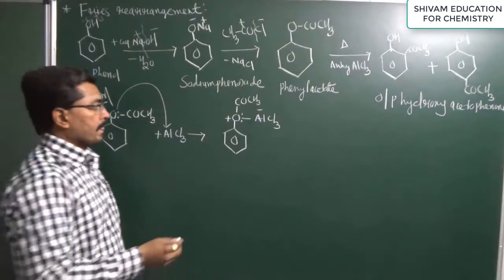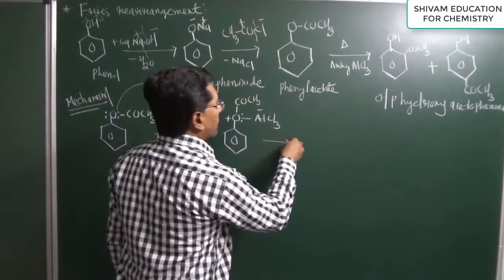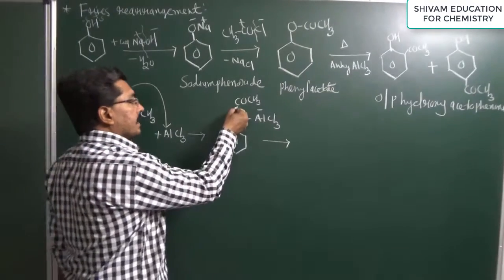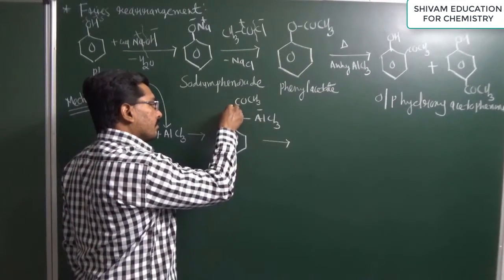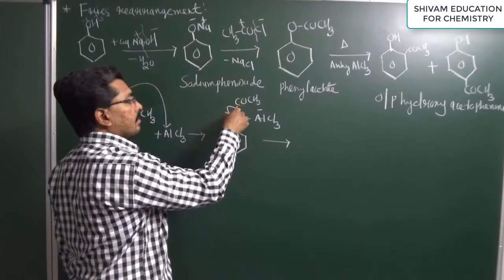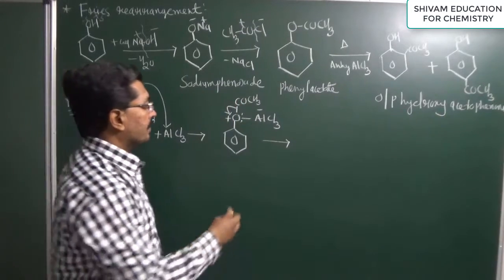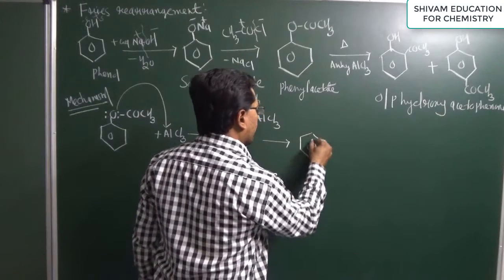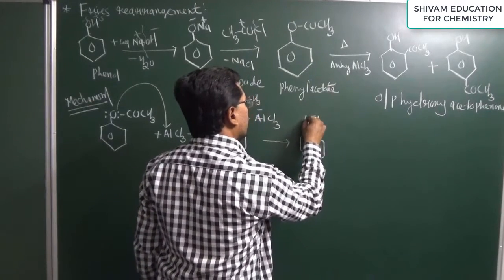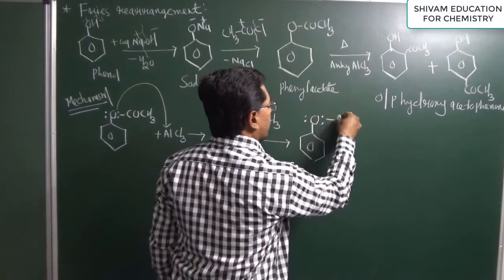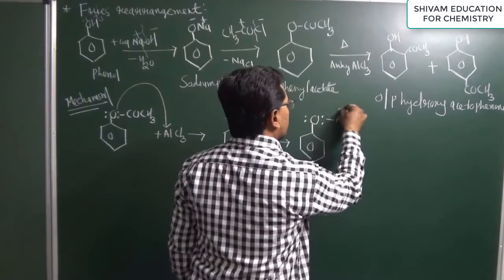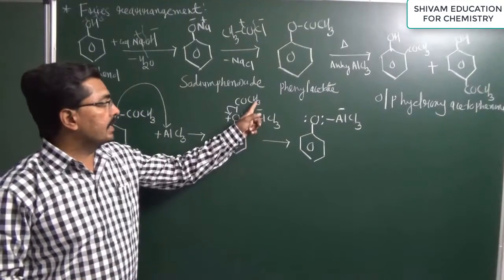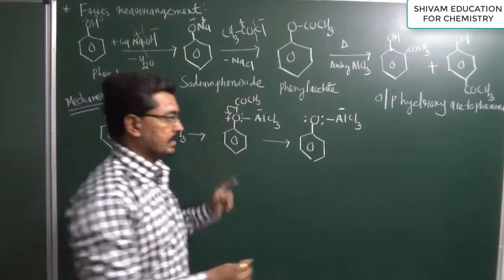Now, in order to obtain stability, in order to get the electron pair back, this oxygen will pull the electrons of the carbon-oxygen bond. So we get this type of structure now. Here oxygen again has two non-bonding electron pairs, and here AlCl3, but this aluminium has a negative charge, and with this we get CH3CO plus.